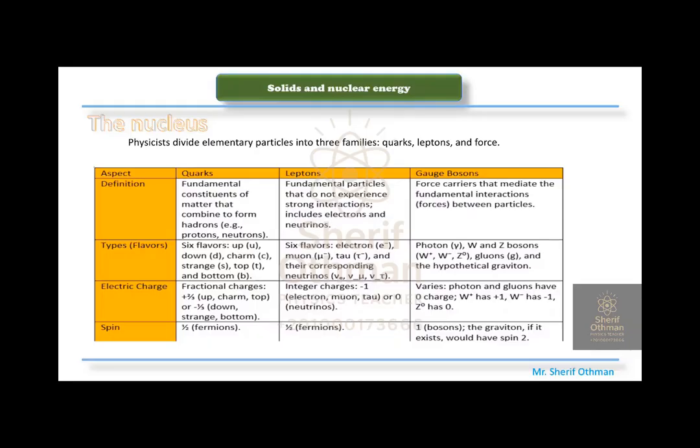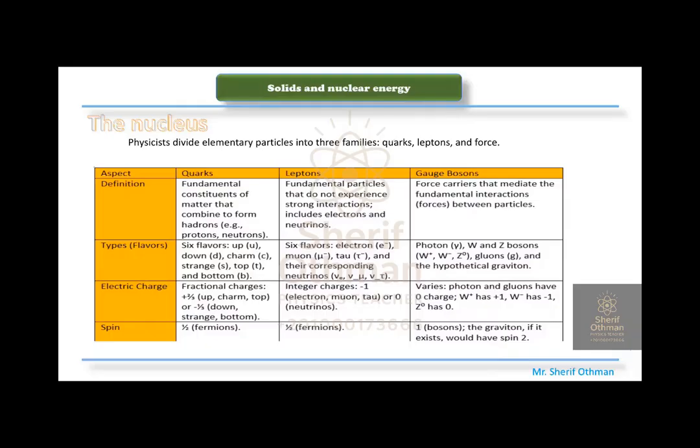Gauge bosons, they are forces. So they are force carriers that mediate the fundamental interaction forces between particles. Their types are photons, W and Z bosons, gluons, and the hypothetical graviton.